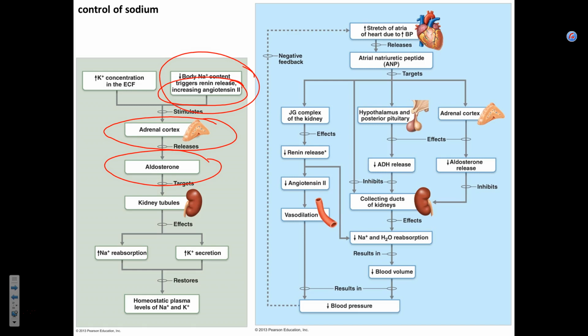That signals to granular cells to release renin. Renin will stimulate angiotensin. Angiotensin will stimulate aldosterone. What are you going to be retaining? Sodium and then water. You will restore the sodium concentration. Does that make sense? The side effect of aldosterone release is secretion of potassium. But we'll get back to this. Okay? Does that make sense?